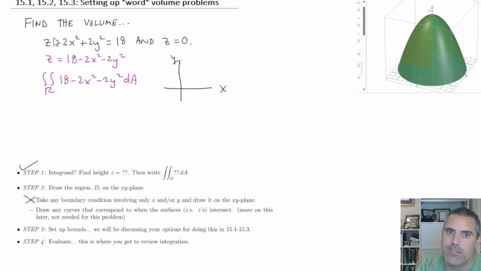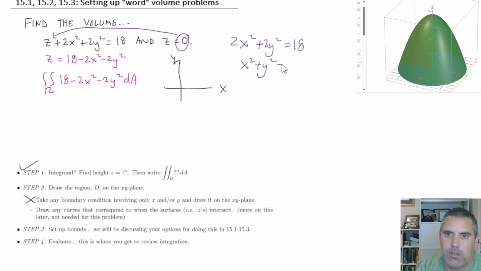I would find when the z's intersect. What happens when these intersect? When they intersect, I get 2x squared plus 2y squared is 18. So I get x squared plus y squared is 9. They intersect to form a circle of radius 3. Lovely. So we're going to integrate above this.